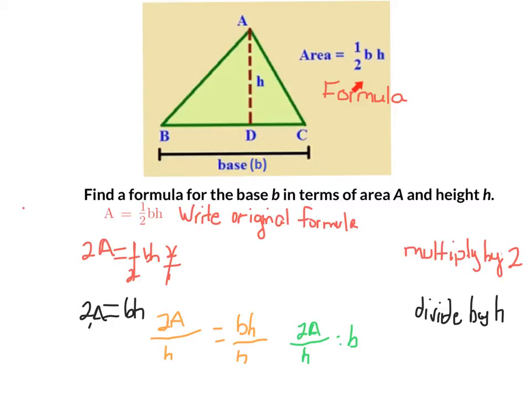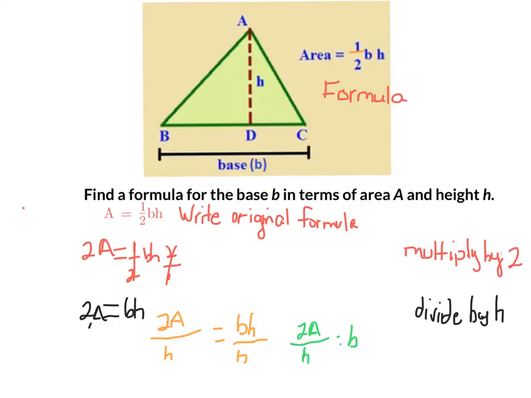Area equals 1/2 times b times h. It says find the formula for the base b, which is this right here, in terms of the area A, that's up here, and the height h.